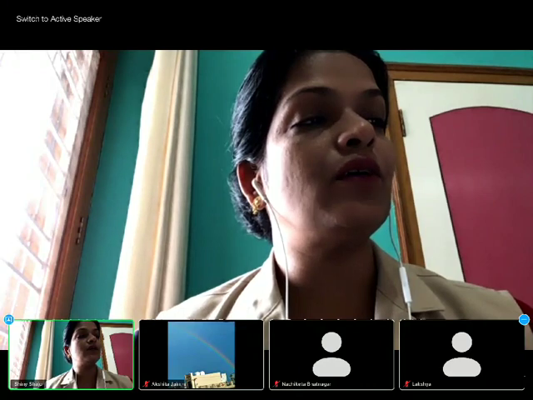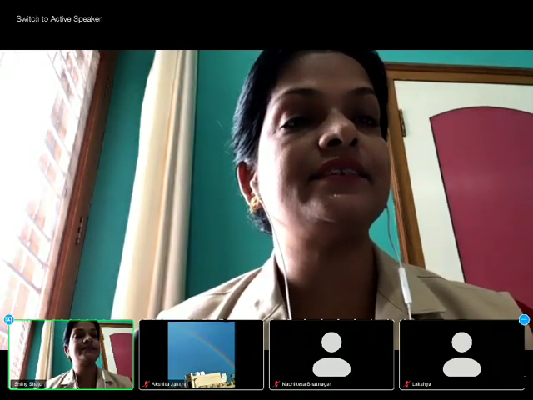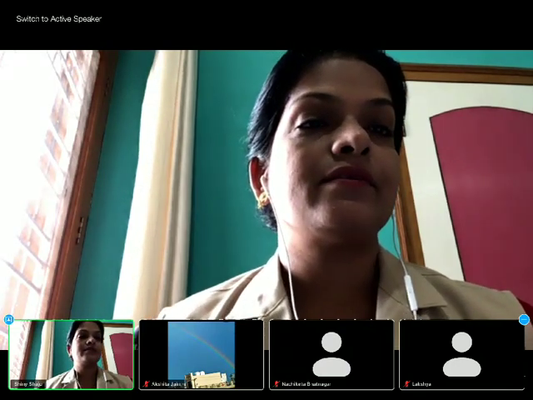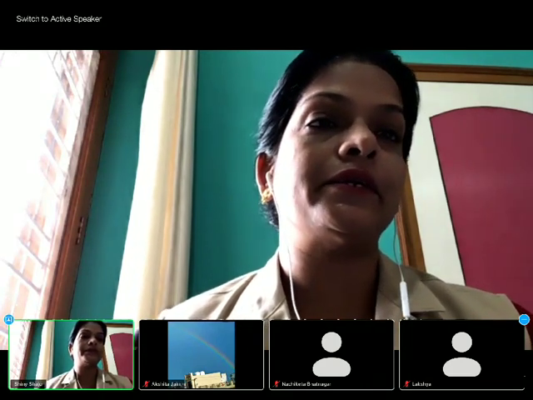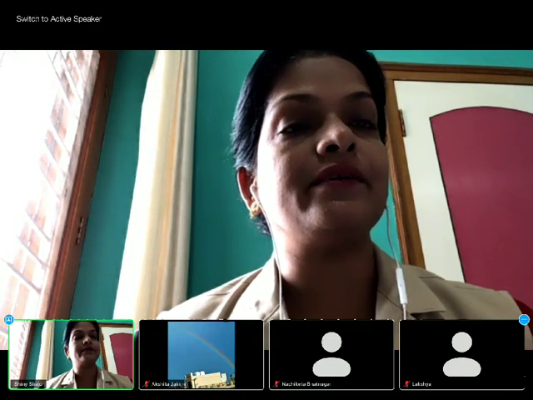The density of the element is 7 gram per centimeter cube.